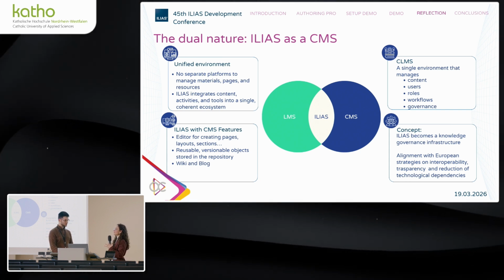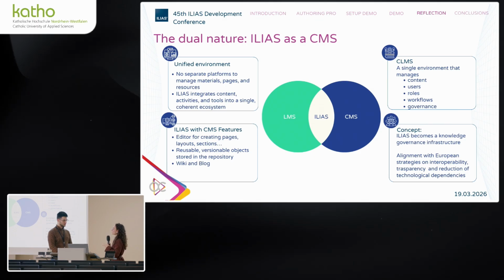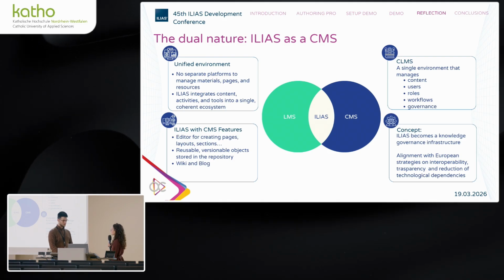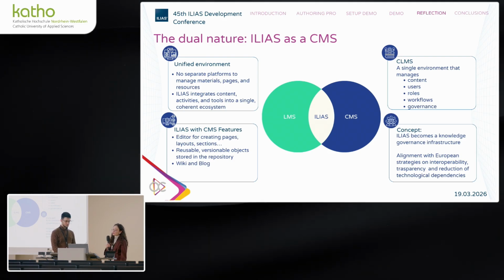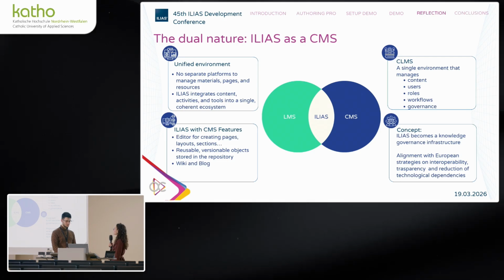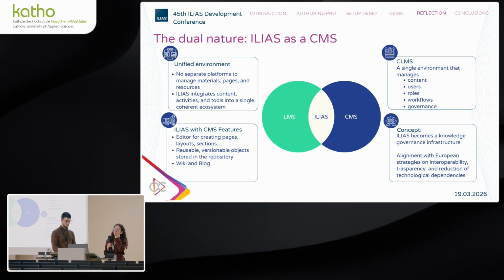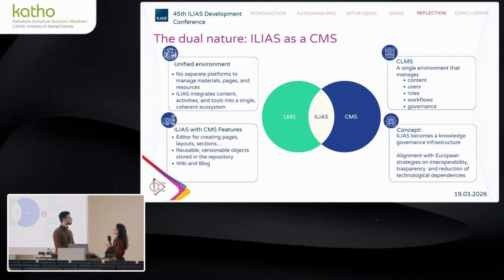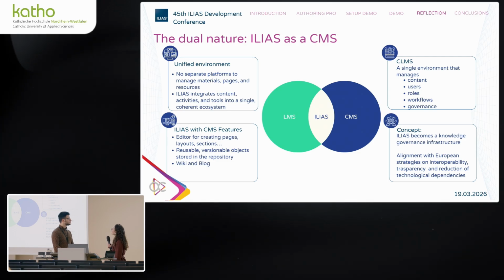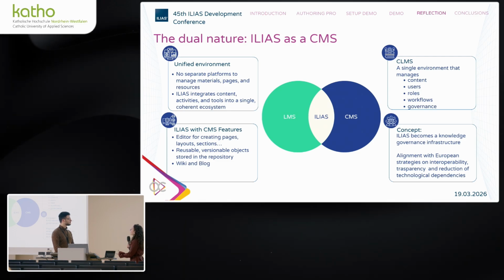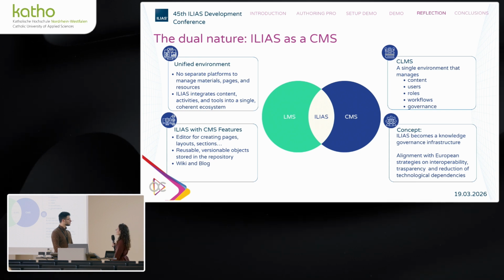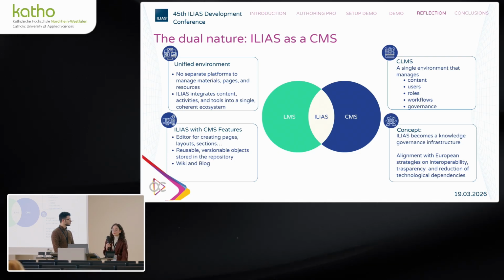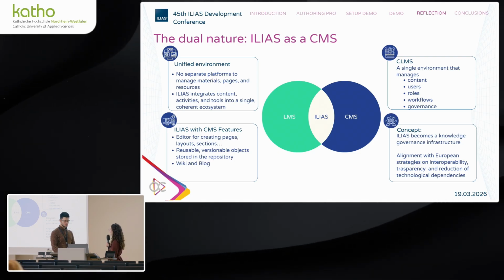And we see some CMS-like features in ILIAS, for example, the editor for creating pages, layouts, sections, reusable, versionable objects stored in the repository, and blocks that are functions for communication and collaboration. So we think about ILIAS as a CLMS, a single environment that manages content, users, roles, workflow, and governance.